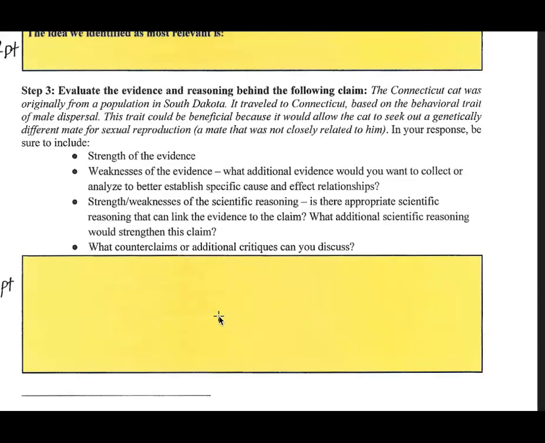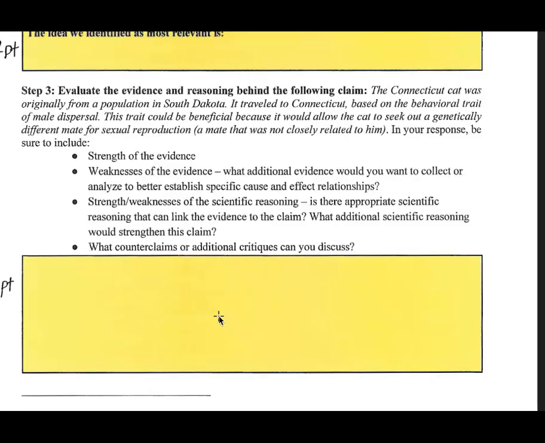So in our response, we have to be sure to include the strength of evidence, the weakness of the evidence, meaning what additional evidence would you want to collect or analyze to better establish a specific cause and effect relationship. Okay, so he did this to get a mate, but why?